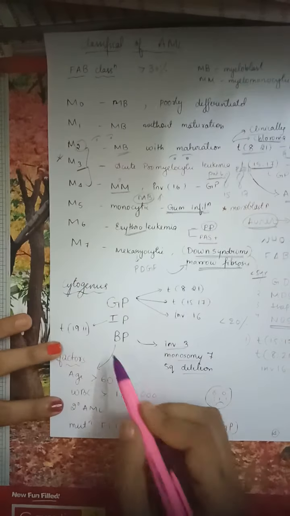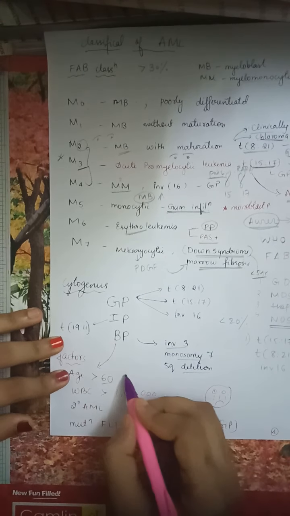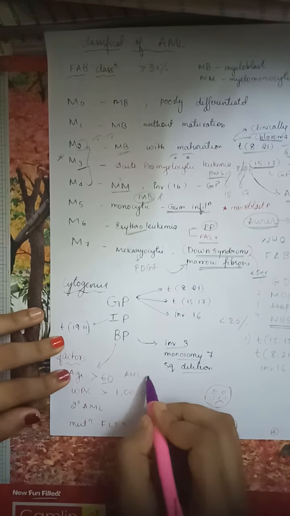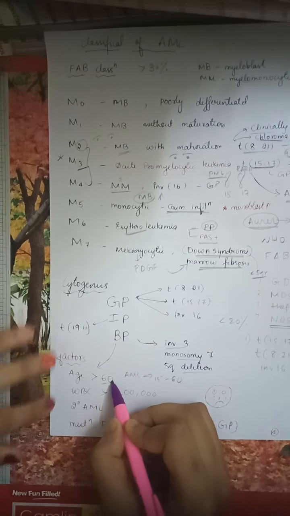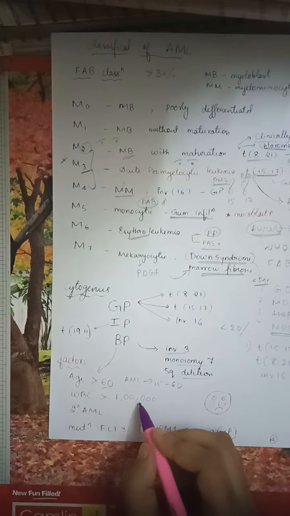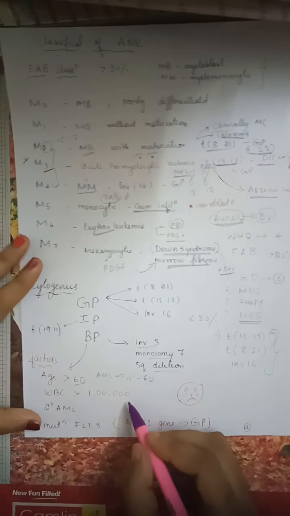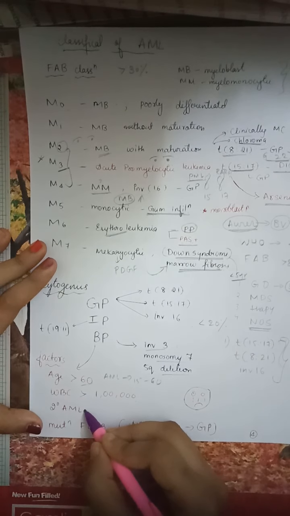Then factors for bad prognosis. If the person is more than 60 years, I told you AML age will come from 50 to 60 years, so if it is more than 60 years, it is bad prognosis. And even WBC count, this I told in the beginning only, more than 1 lakh is bad prognosis. And secondary AML is also bad prognosis.